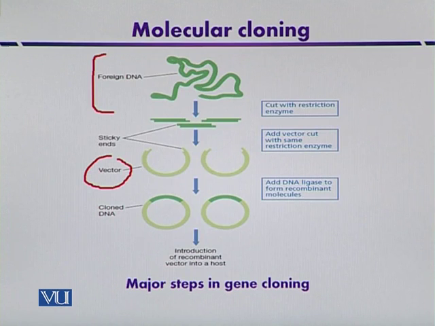The next step is the ligation here, and once it is ligated, then it is ready for the next step, that is introduction of the recombinant vector into a host. How, it will be clear in the next diagram.